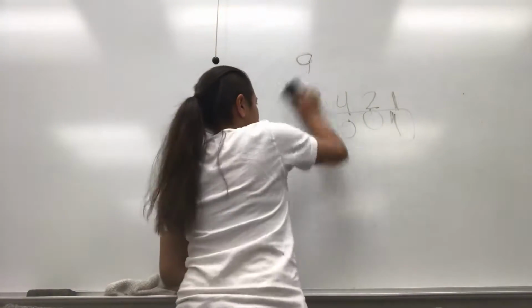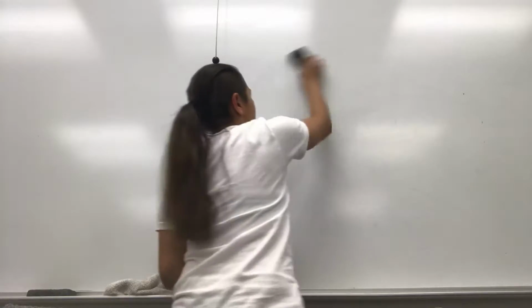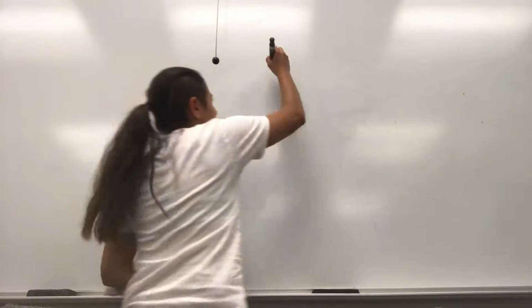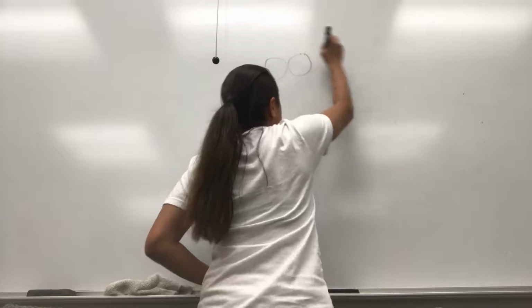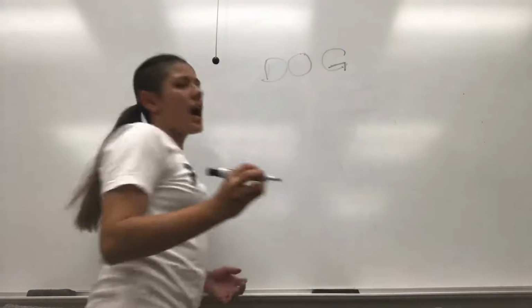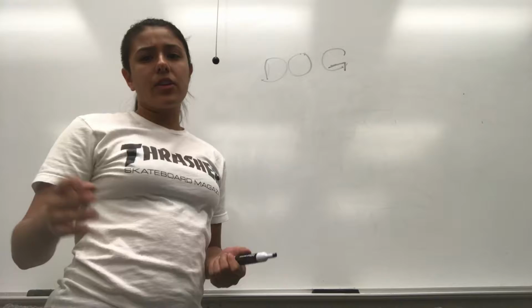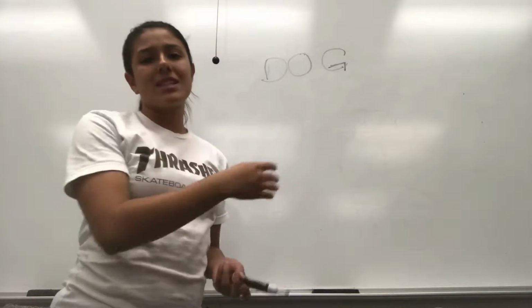Now, say you want to represent a word. Let's say the word is dog. Well, first you have to understand that each letter has a number. For example, A is 1, B is 2, 3 will be C, and then 4 will be D, and so on until you get to Z. So if I want to do dog, I would first have to figure out what number represents each letter.